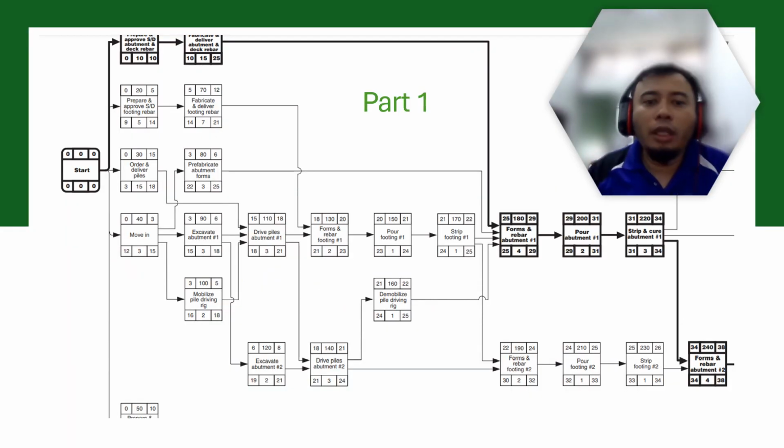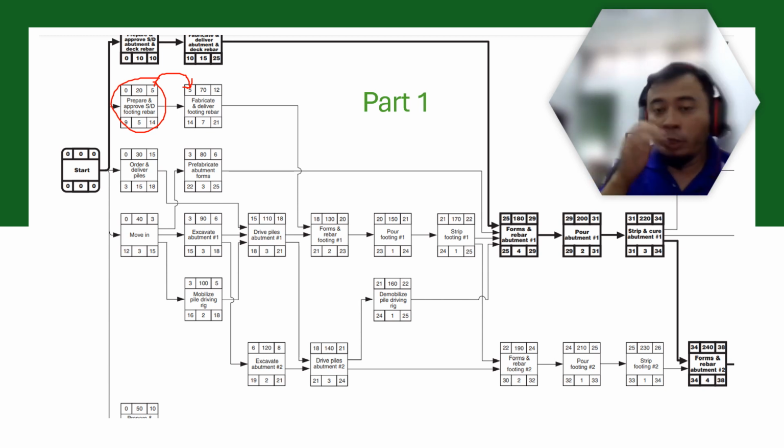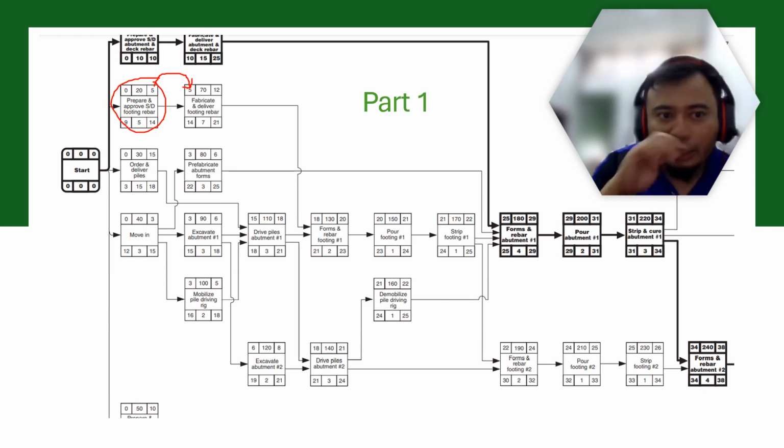Let's take a look at another example. Take activity 20: the earliest start is 0 and the earliest finish is 5. This 5 determines the earliest start of the subsequent activity, a direct one-to-one relationship.